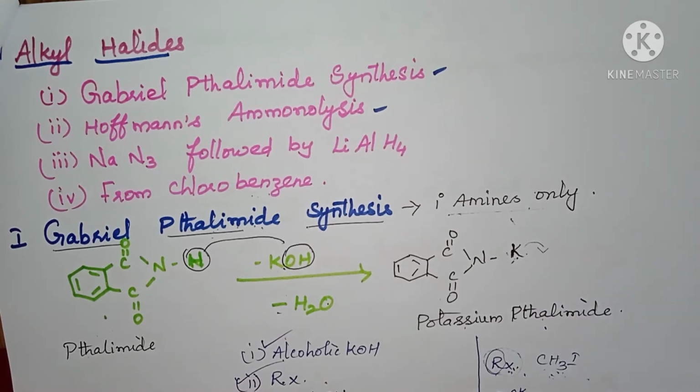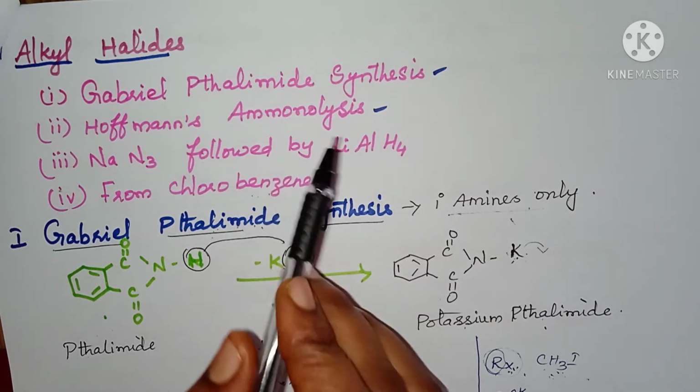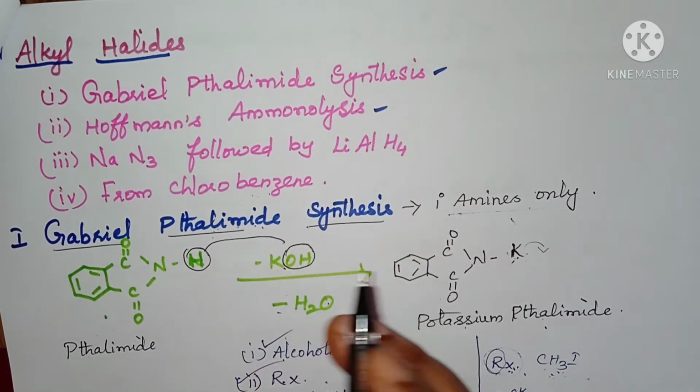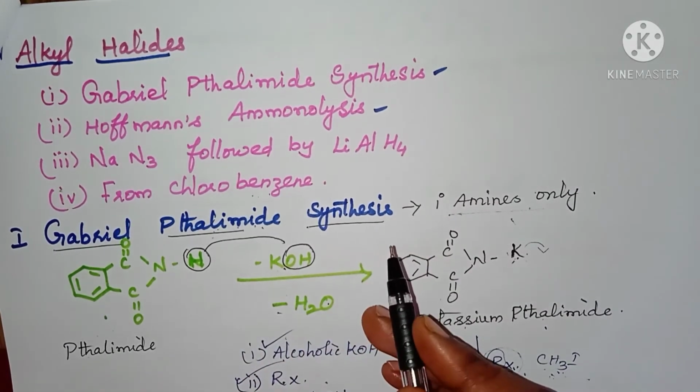Now we are going to check where the nitrogen atom is not there. That means alkyl halide and alcohol only we are going to check. How that alcohol is converted into amine or alkyl halide is converted into amine. That one we are going to check. Remember these points; it will be easy to recognize them.